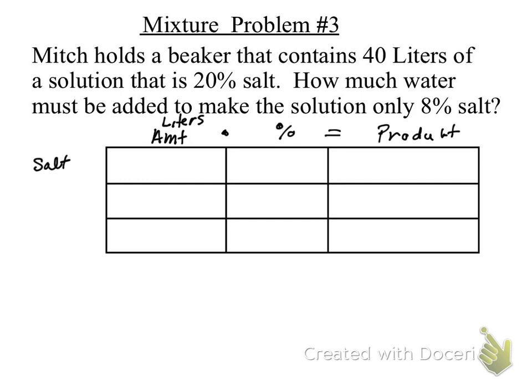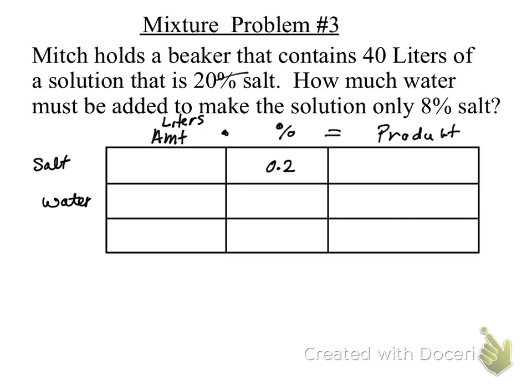Salt and water. Since I'm not only using salt water, I'm not calling it by 20%. I'm just calling it the salt. As it happens, do we know what the percentage is on the salt water? Yes. 20% salt. So I call that 0.2.